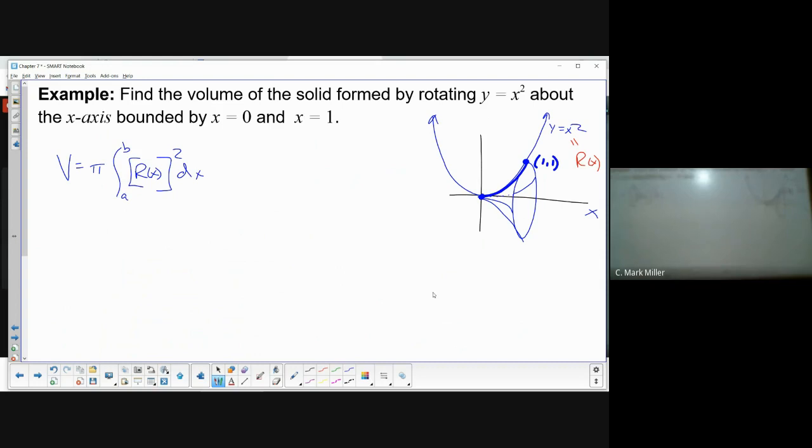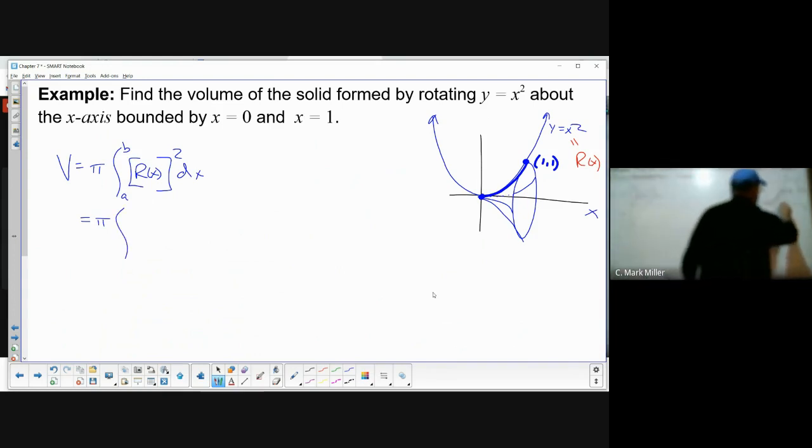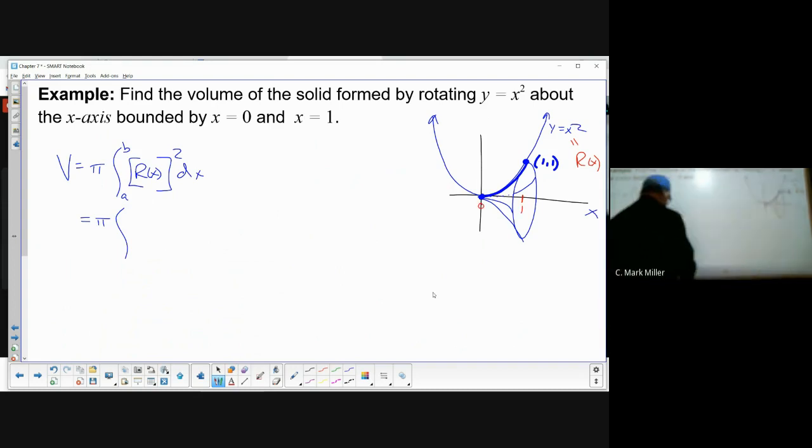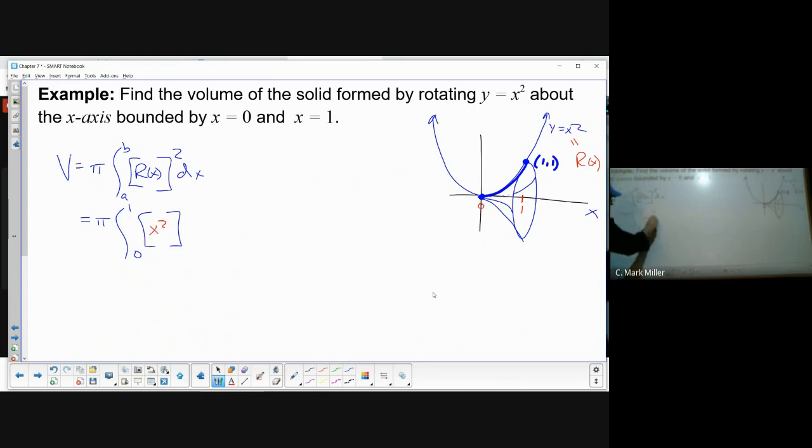And so that is going to be pi integral from 0 to 1. Our radius function is x squared, which itself gets squared, dx.